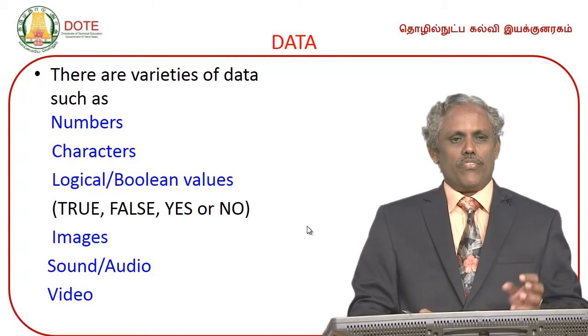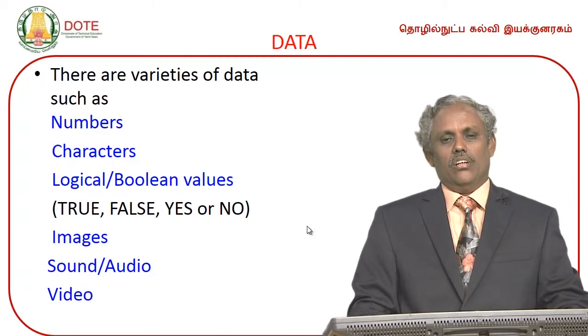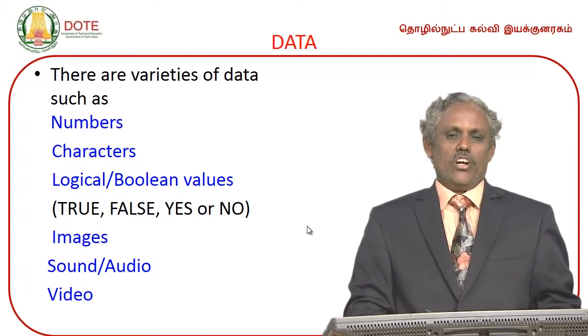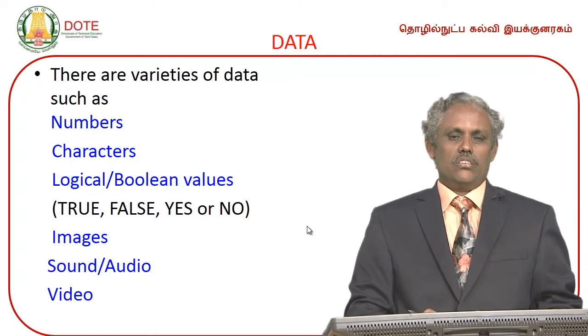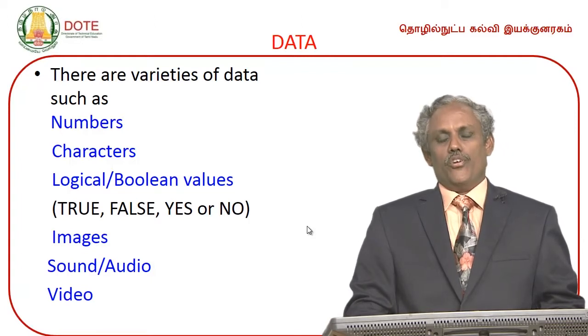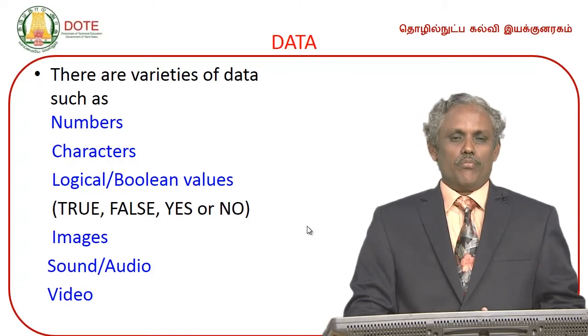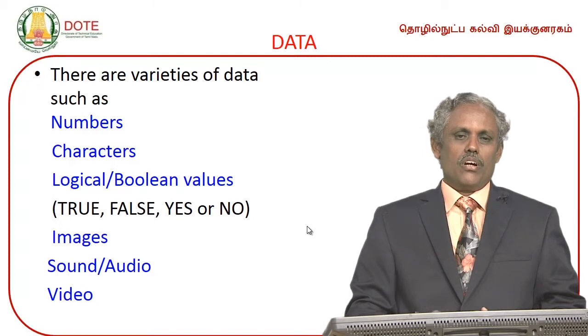Actually, we use the computer for processing facts like numbers or strings or text, which are characters, or some values that are logical or Boolean values like true, false or yes or no. And the computer also can process images, sound or audio and video. So, these types of data can be given to the computer and the computer can process them and produce the result.